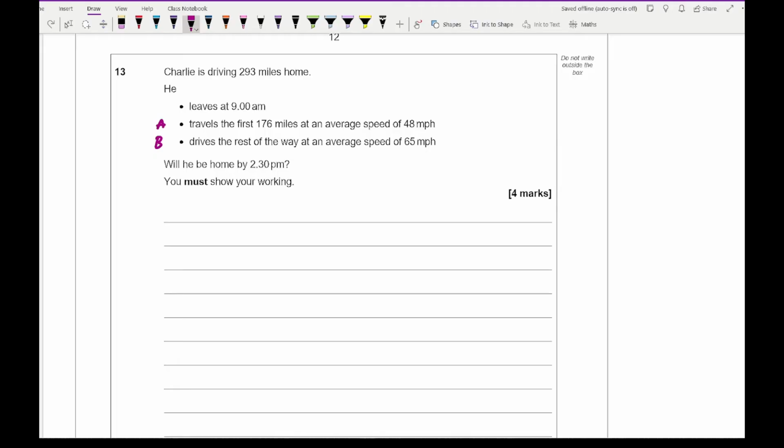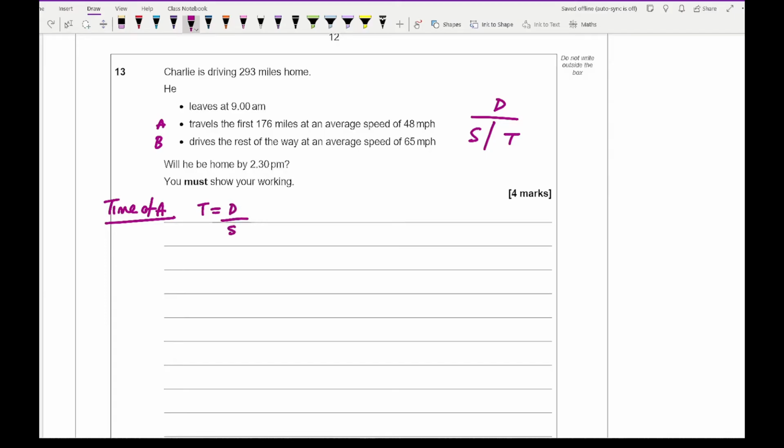Now, in order to do this, what we need to do is work out the time for A, which is the bit that's moving out. Now, for this, we need to use distance, speed, time. So we get the old triangle out. So here, the time of A is going to be the distance divided by the speed. So T equals D divided by speed.